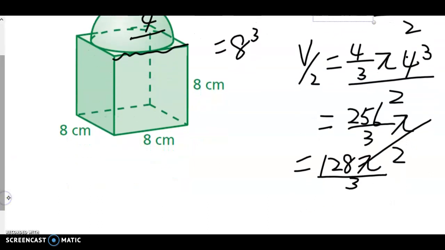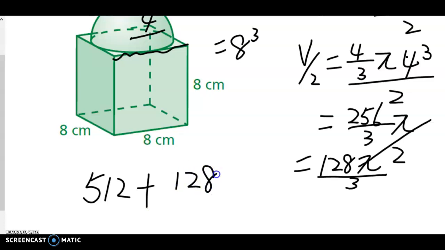Now we add them up. 8 cubed equals 512. So this will be 512 plus 128 pi over 3.